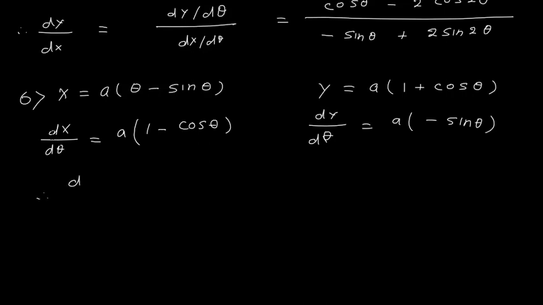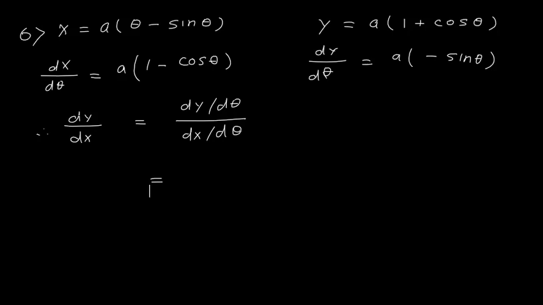So therefore we have dy upon dx is equal to dy upon d theta whole divided by dx upon d theta. So dy upon d theta is minus a into sin theta, whole divided by a into 1 minus cos theta.